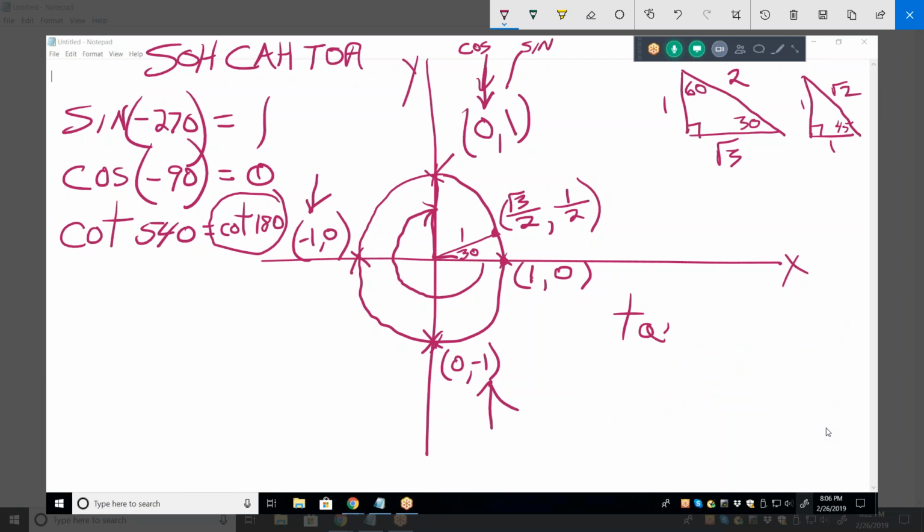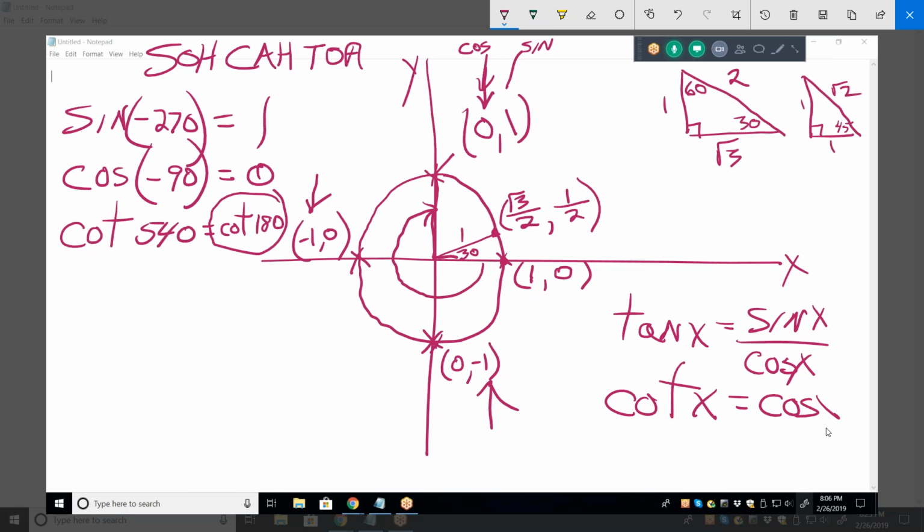Here's one identity. Tangent of x is always equal to the sine of x divided by the cosine of x. So I can give you the tangent of any of these quadrangles because I'm looking at the cosine and the sine. So it's easy enough to do this math. Well, the cotangent is just the reciprocal of that: cosine x over sine x.